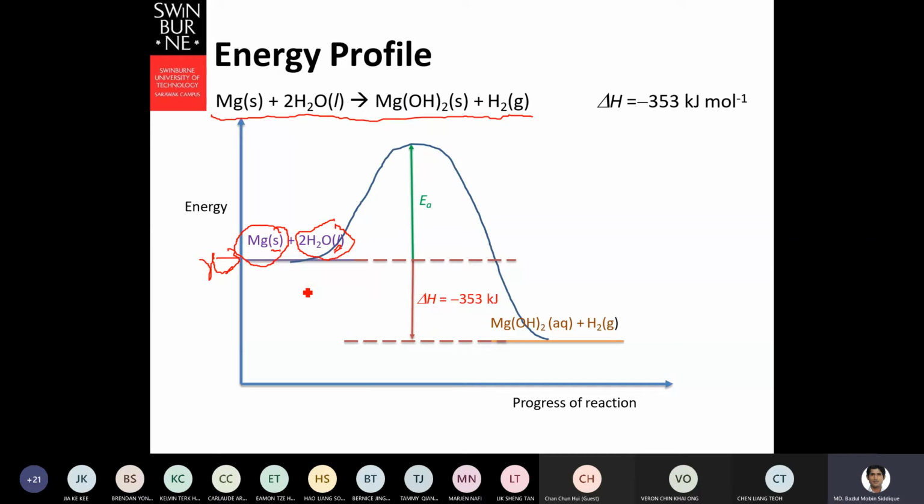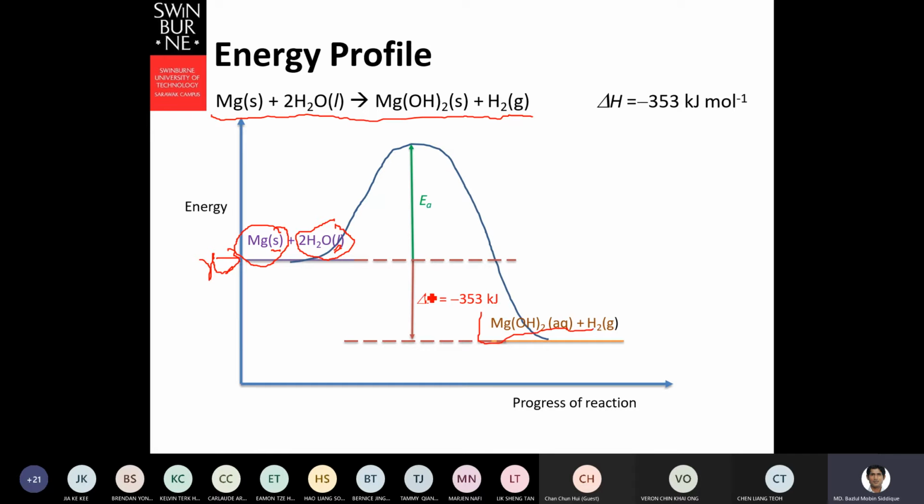Since this reaction is producing heat, it must be exothermic, and for an exothermic reaction, the enthalpy of the product is less than the enthalpy of the reactant, as we already discussed in the previous slide. So the product must be at the lower end of the energy diagram.